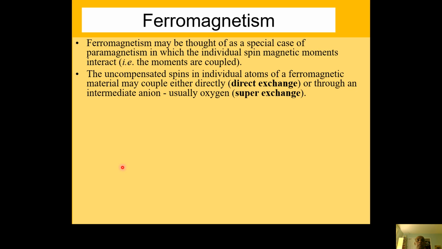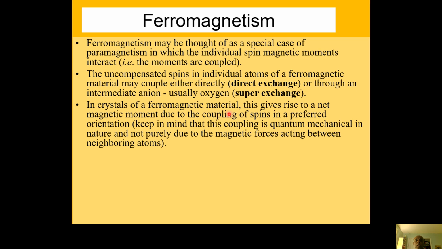The uncompensated spins in an individual atom may couple directly, which I'll talk about later, or they can couple through intermediate anions like oxygen. That's called superexchange. That's how we explain the ferrimagnetism in magnetite, or iron oxide.